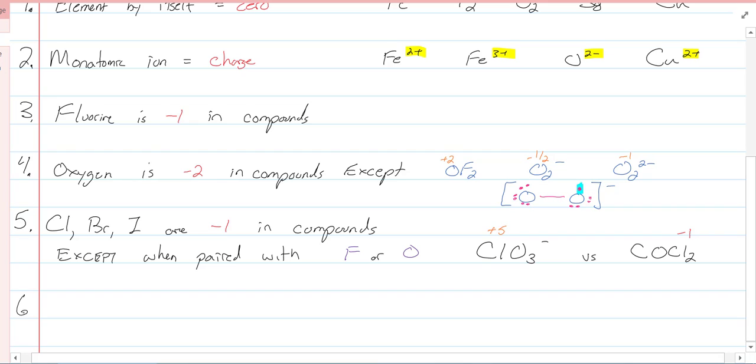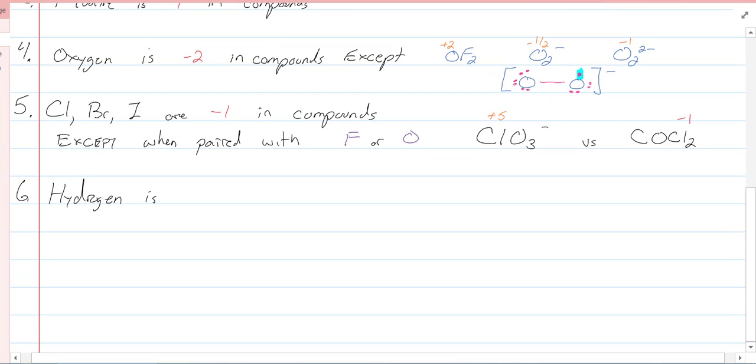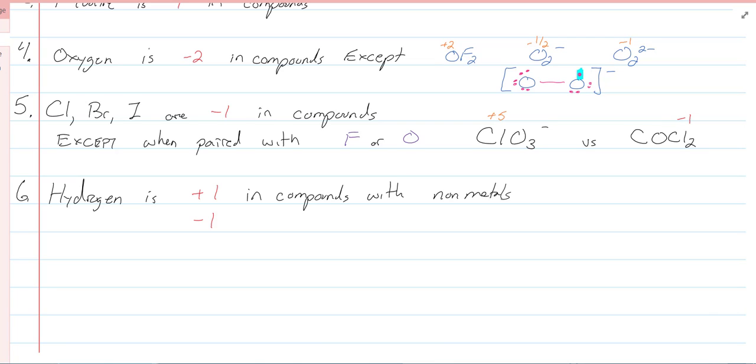Rule number 6. Hydrogen is +1 or -1. So hydrogen is +1 in compounds with non-metals. And it's usually written first or around carbon, so even in hydrogen acids, hydrogen is +1.